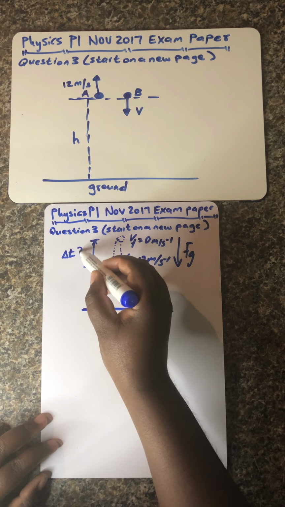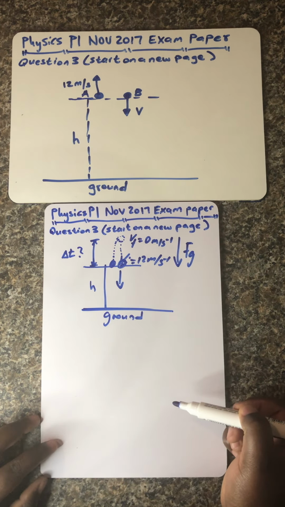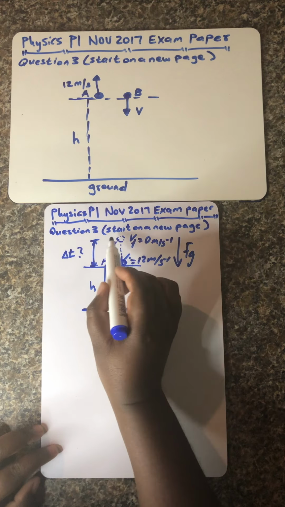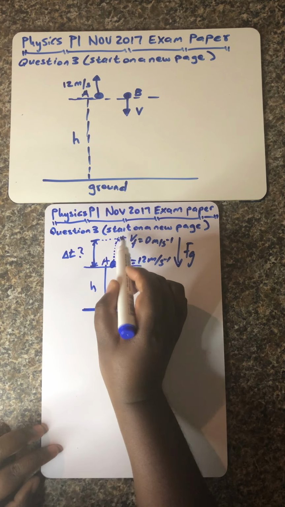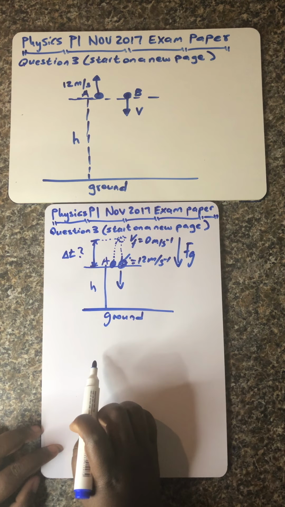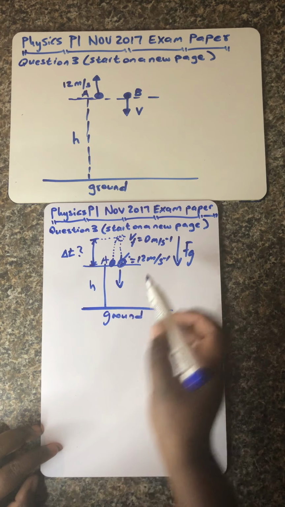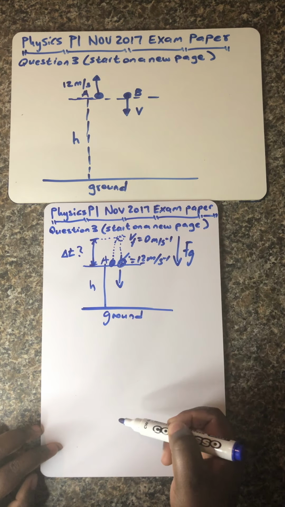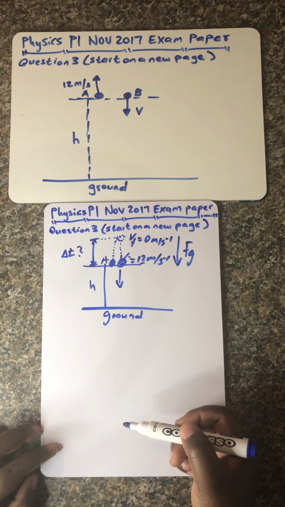This is the time that they want to know. They just want to know how long stone A will take to reach its maximum height. What we know about its maximum height is that its velocity will be 0, and we're told it was projected at 12 meters per second.